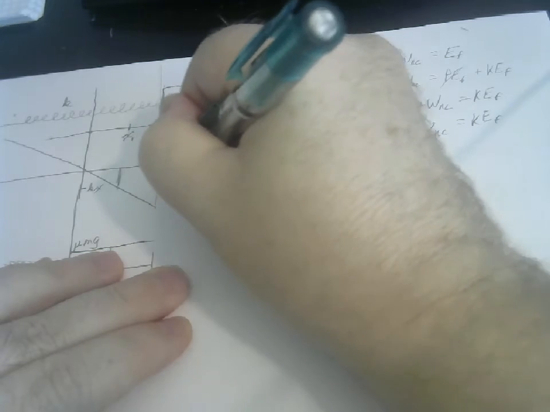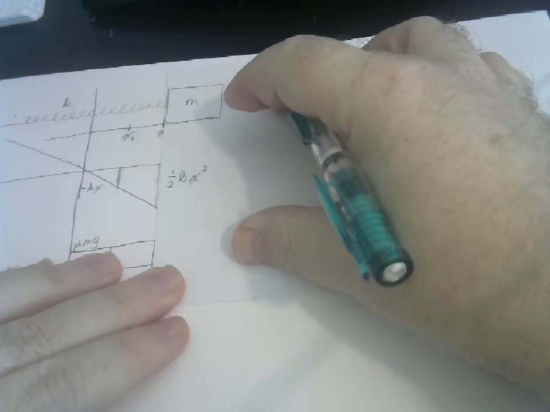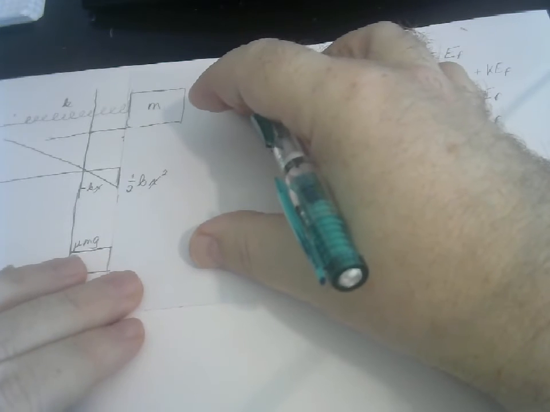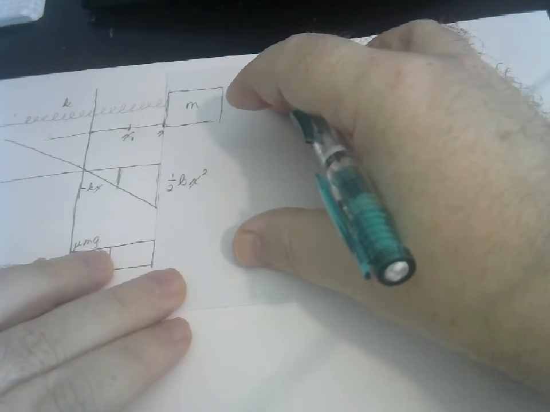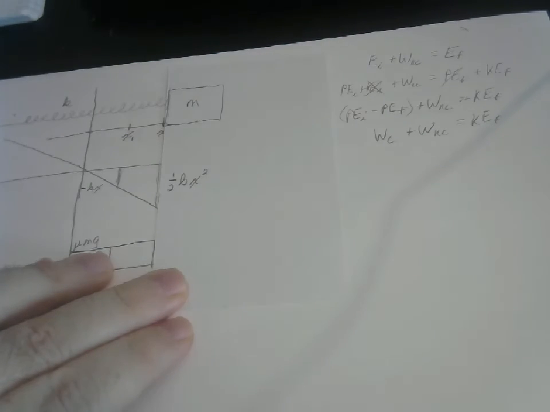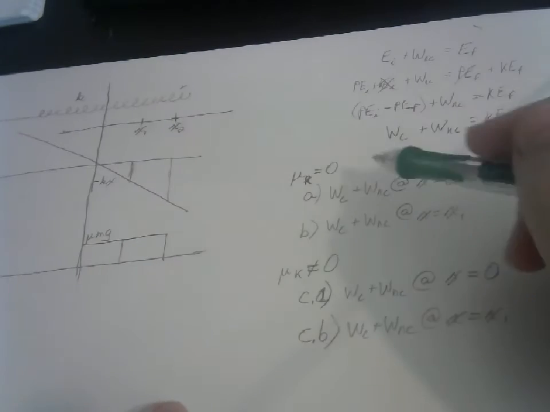So I'll mark this 1/2 kx squared here. And as I go down here, it's smaller. As I go up here, it's bigger. All right, and here's the essence of what the problem asks for.